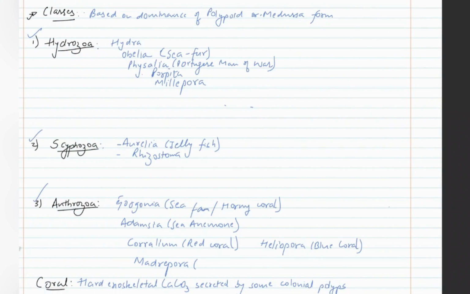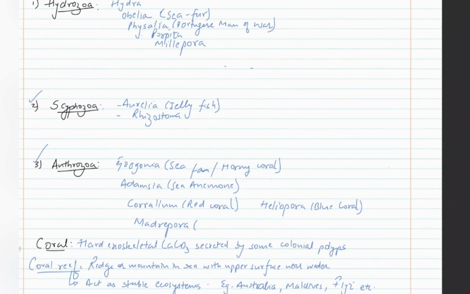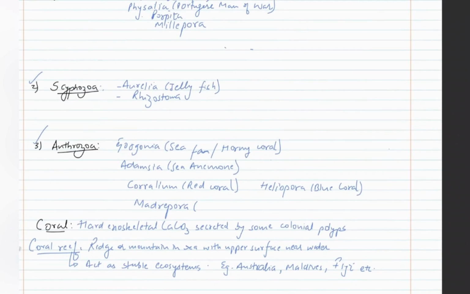Now based on dominance of polypoid or medusoid form, Coelenterata is divided into three classes, namely Hydrozoa, Scyphozoa, and Anthozoa. In Hydrozoa, we have examples such as Hydra, Obelia, also known as sea fir, Physalia, also known as Portuguese man of war, Porpita, and Millepora. In Scyphozoa, we have Aurelia, commonly known as jellyfish, and Rhizostoma.